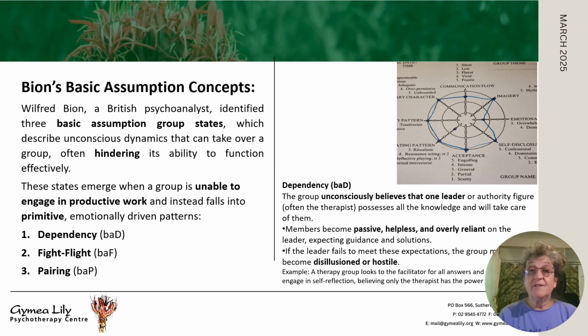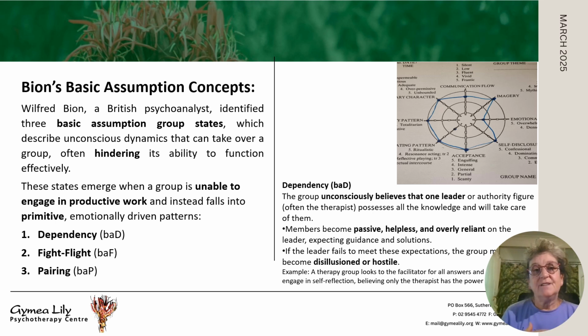So first I've graphed the dependency, in which the group unconsciously believes that one leader or authority figure, often the therapist, possesses all the knowledge and will take care of them. And the members become really passive, helpless, and overly reliant on the leader, expecting guidance and solutions.